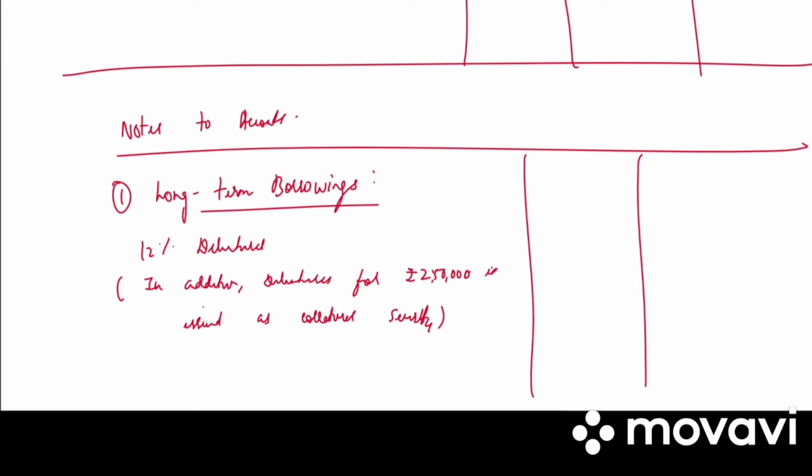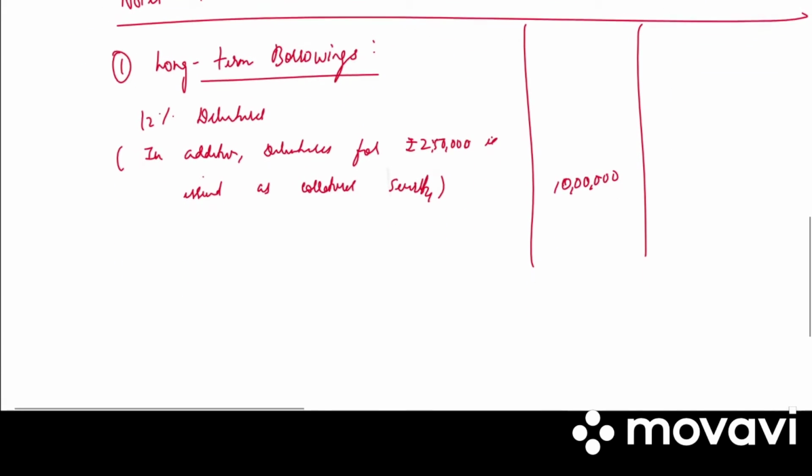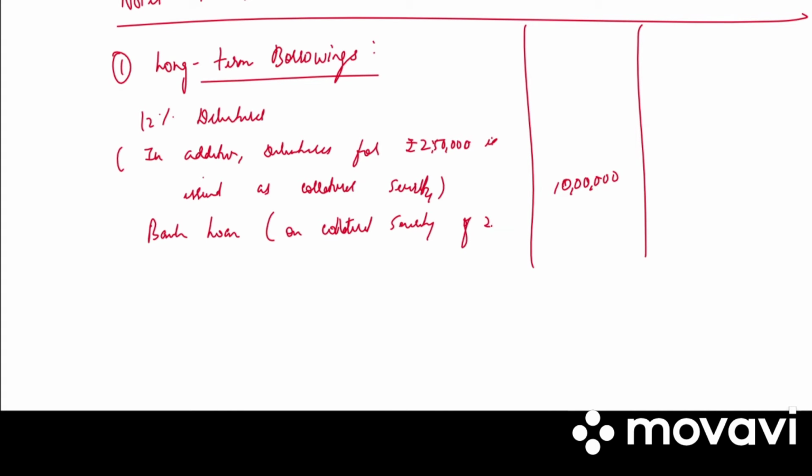How much is it? 10 lakh. Next we have bank loan. In bracket, on collateral security of 2,50,000. 2 lakh. So total is 12 lakh.